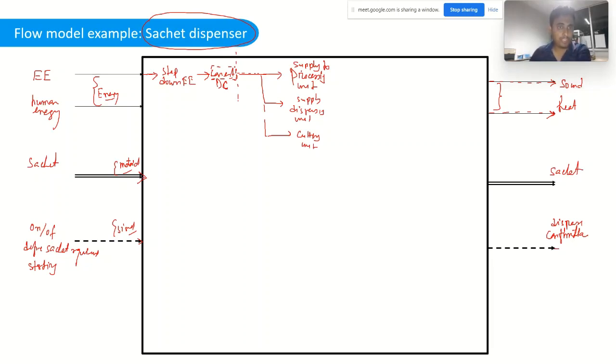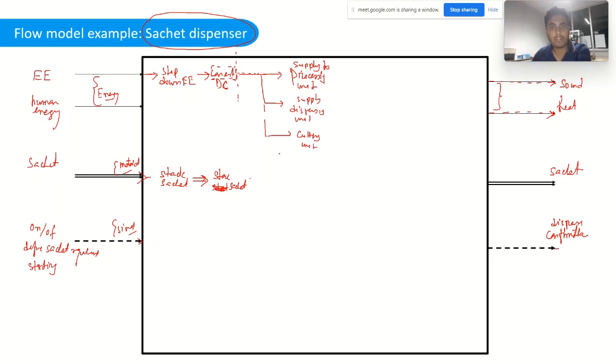What we'll do with the sachets, when you take sachets as inputs, is stack the sachets inside. We'll use a double line here so that we understand this is a material, sachet. Then we store the sachet, and then we feed.